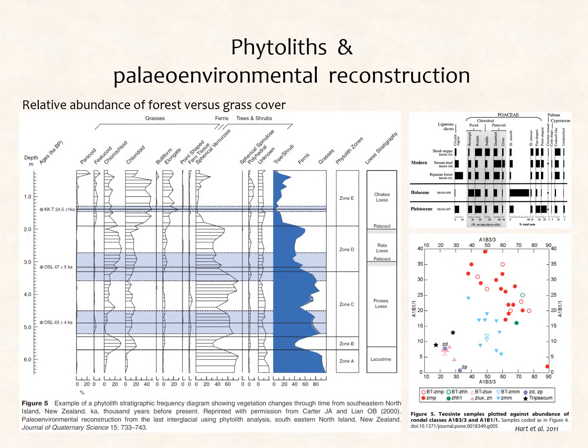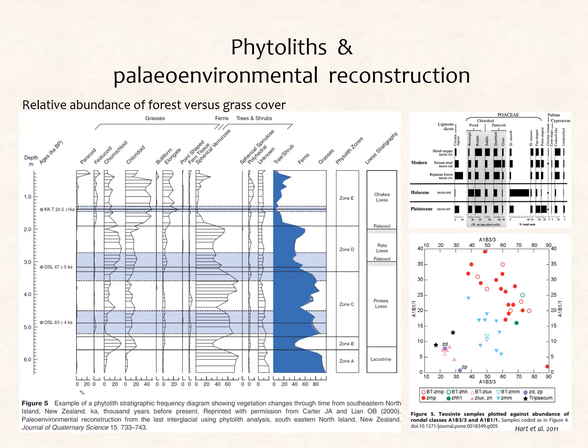Morphological differences in phytolith assemblages are often used to indicate changes in the relative abundance of forest versus grass cover. In case of correlation between tree-shrub phytolith fluctuations and oxygen isotopes from paleoclimate proxy archives, changes in the ratio of arboreal to non-arboreal phytoliths are interpreted to directly result from climate change.